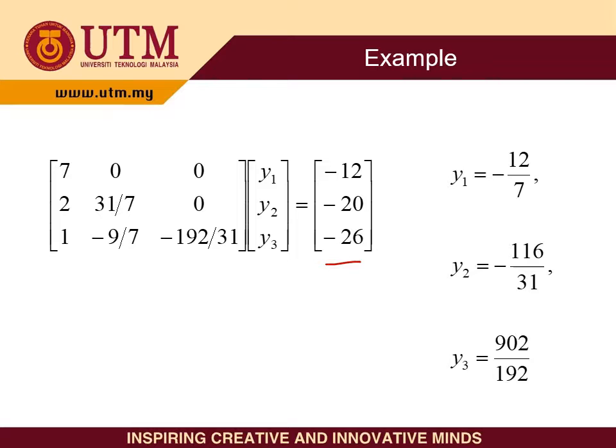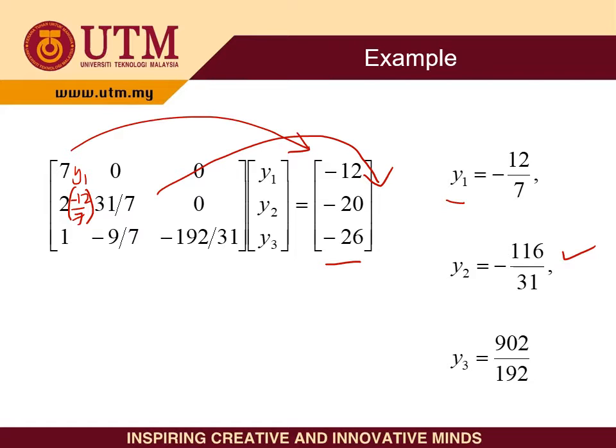Then you can find y1 here is negative 12 over 7, because this is y1, right? So we change here and we divide by 7. For y2, this is y1 here, we already got the answer, negative 12 over 7. Y2 is 31 over 7. So if you change all of it here, you will get this as answer.